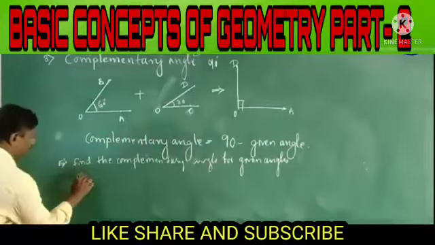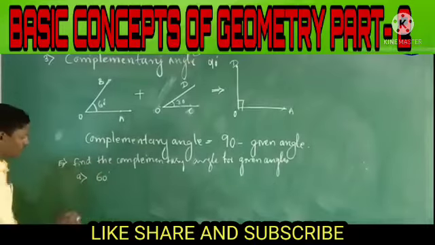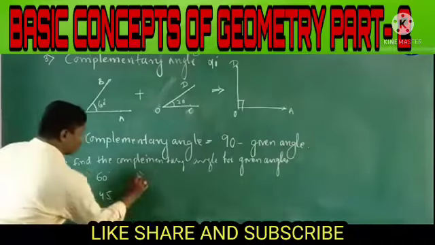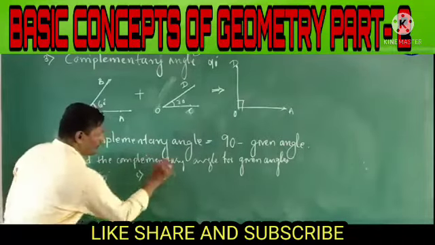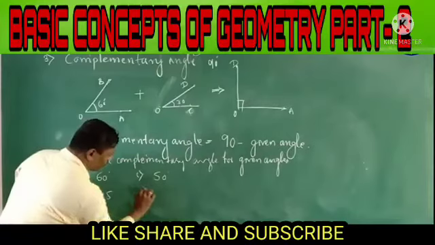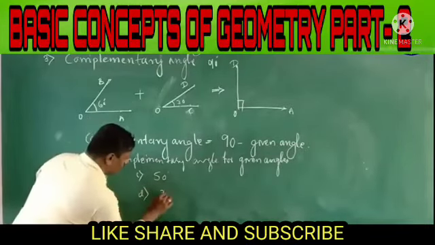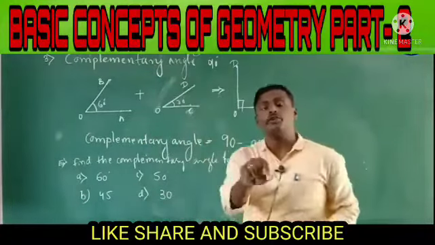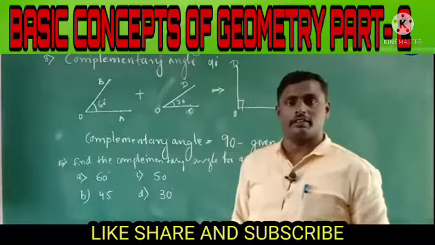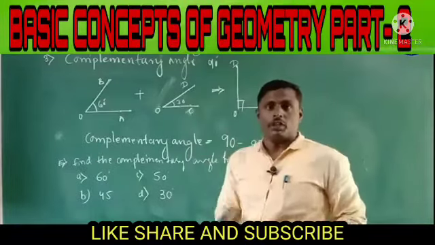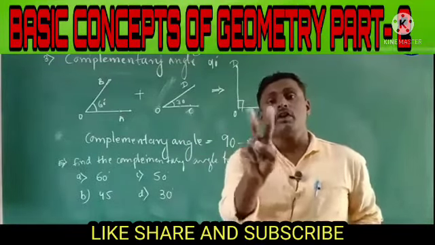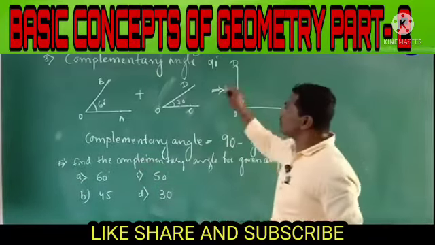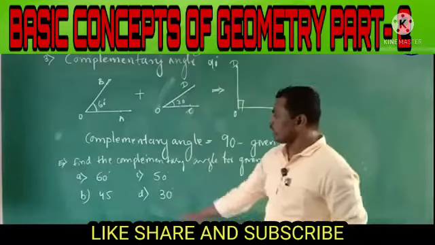First one 60 degrees, second one 45 degrees, third one 50 degrees, fourth one 30 degrees. For all these four angles, we need to find one more complementary angle. As I already told you, the complementary angle means the sum of the two angles is equal to 90 degrees, right? So calculate one by one.